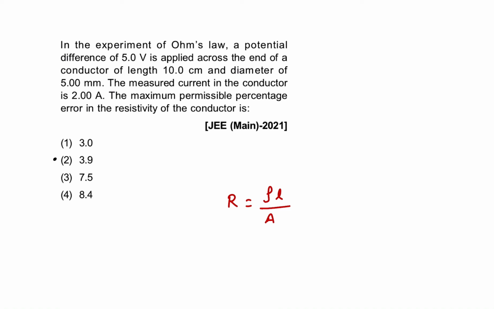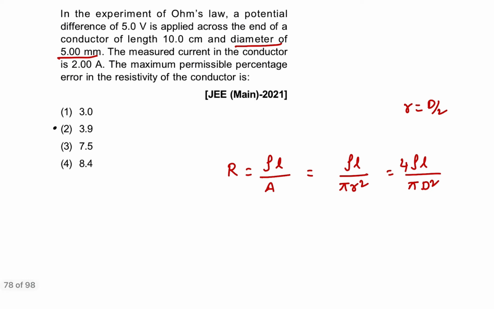So you know that resistance R is equal to rho L divided by the area. In the question, the diameter of the wire is given as 5.00 millimeter. You can write rho L divided by pi r square, with r equal to d by 2. So R is rho L divided by pi into d square divided by 4.